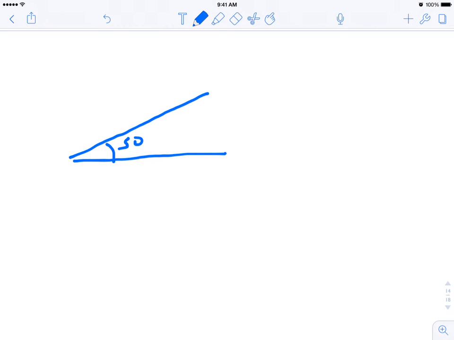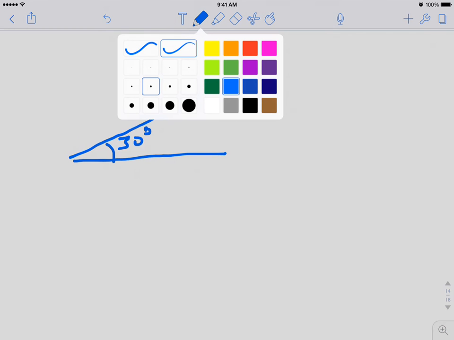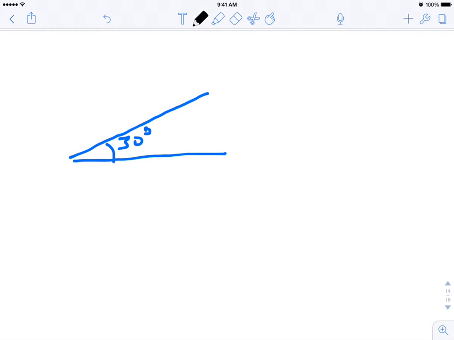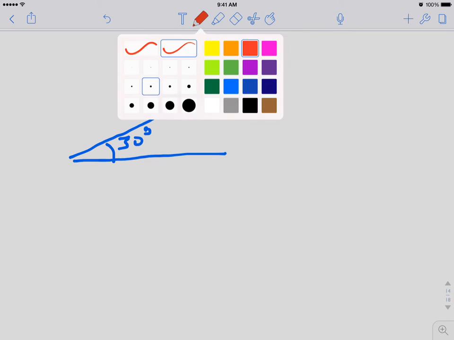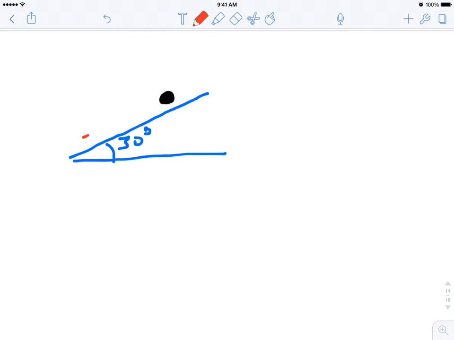We have a 30-degree angle, and if we put our object, the turkey, on the hill, I'm going to establish my x-axis along the slope of the hill and a y-axis perpendicular to that.